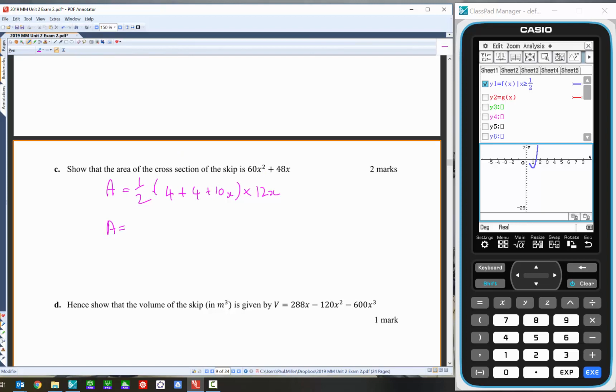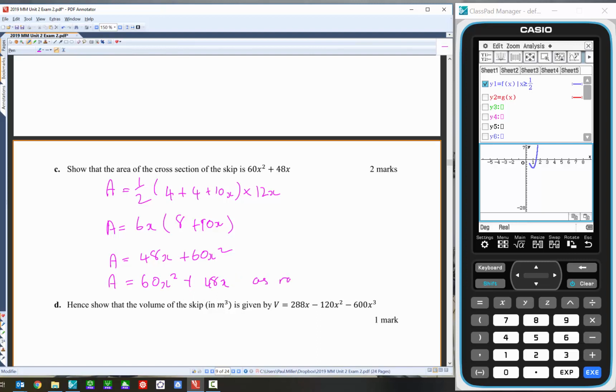Area equals, so I'm going to halve the 12x, so I'm going to say that that's 6x times 8 plus 10x, area equals 48x plus 60x squared. That would have been fine, but I just like to get it exactly what's required.